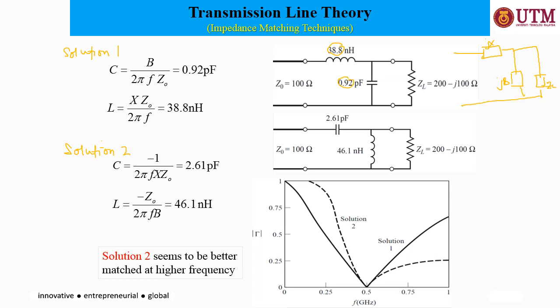It doesn't matter whether it's a capacitor or an inductor, then it's just calculation. There are rules that you need to follow in order to get the system matched. If you are plotting the reflection coefficient, solution 2 seems to be a better match at higher frequency. We can look at this when we perform the simulation using simulation software.